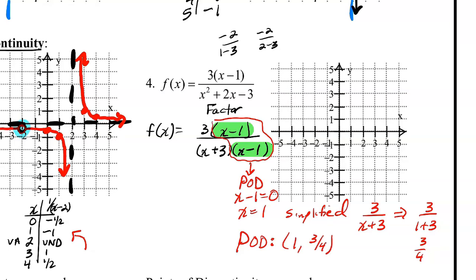And we can graph that, right around here somewhere. We could also graph our vertical asymptote at x equals -3. And it looks like we're going to have a horizontal asymptote at 0.